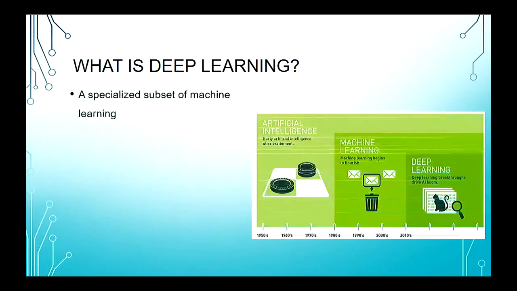So what is deep learning? Deep learning is a subset of machine learning, and machine learning itself is a subset of artificial intelligence.